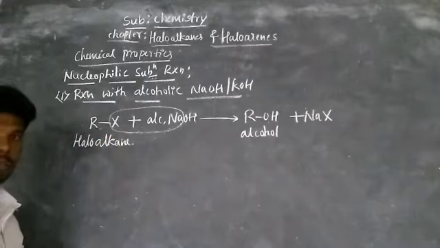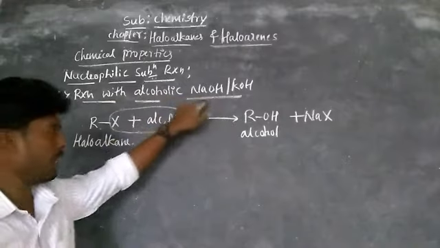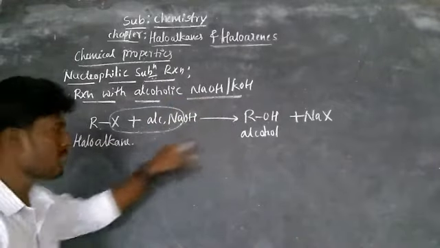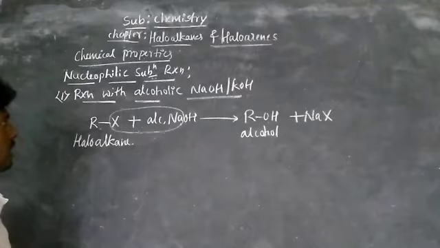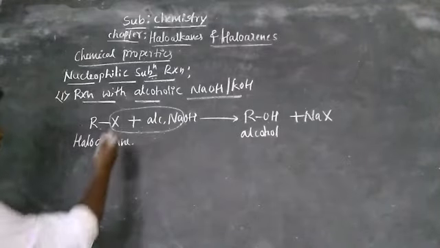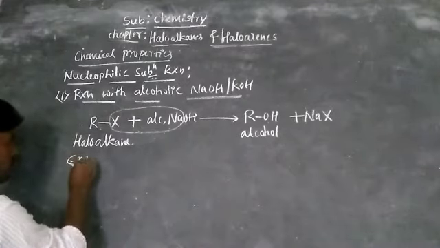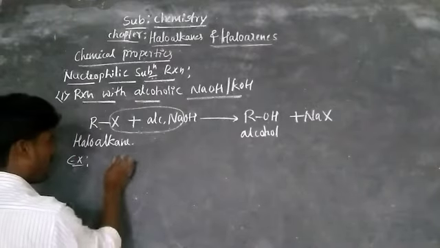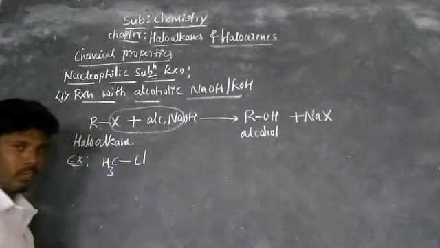Alkyl halides. By using alcoholic KOH or NaOH, you get alcohols from haloalkanes. This is a chemical property under the nucleophilic substitution reactions of haloalkanes. Now an example: in place of R take CH3, and in place of X take chlorine.